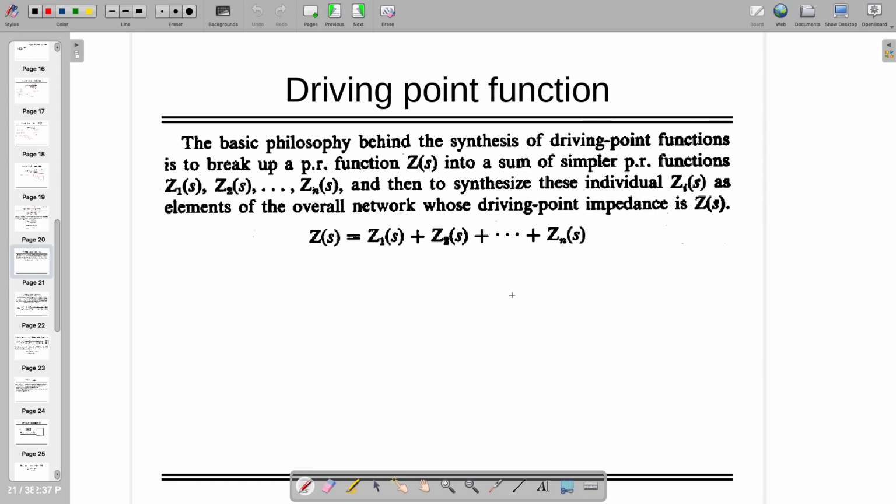Okay, so the basic philosophy behind the synthesis of driving point functions, either impedance or admittance, is to break up a positive real function z of s into a sum of positive real functions z1, z2 and zn of s, and then to synthesize these individual zi of s as elements of an overall network whose driving point impedance is this one. In that case, all the impedances are coming in series. So it is z1, z2, z3, zn.